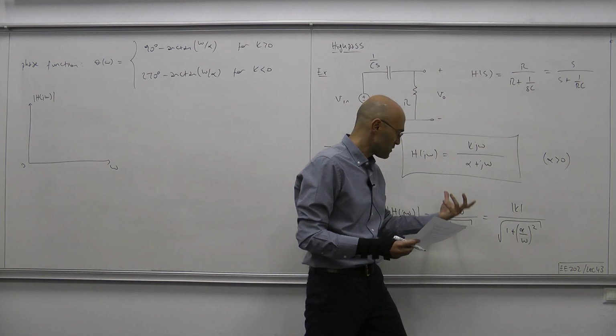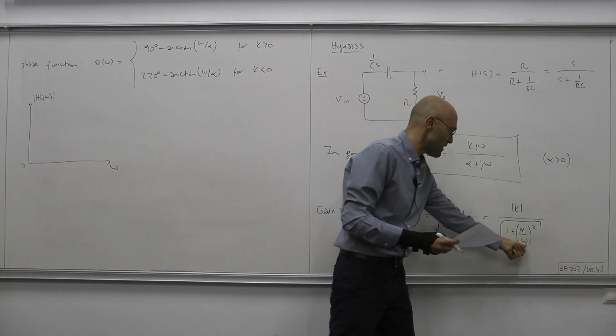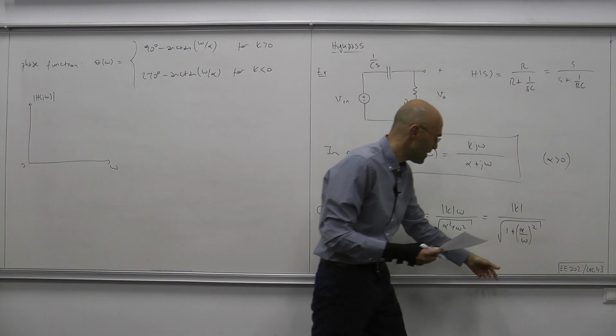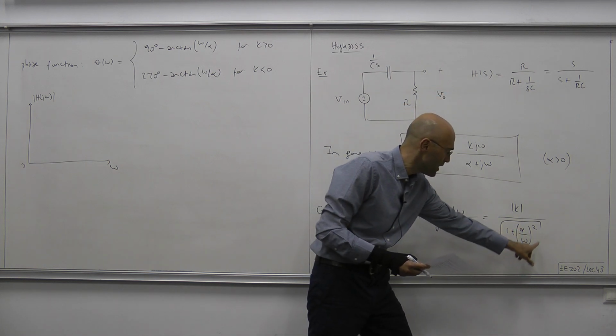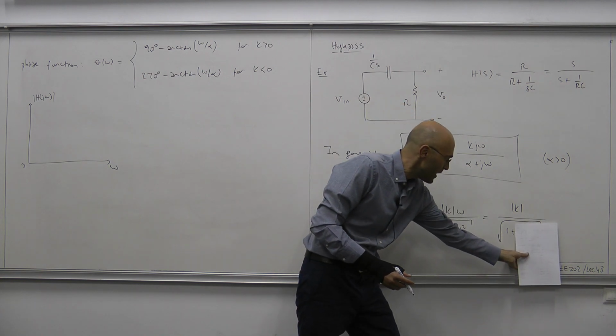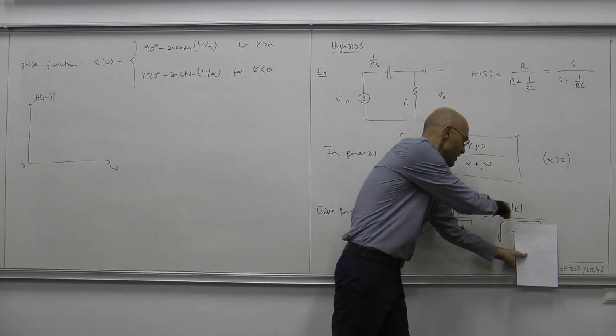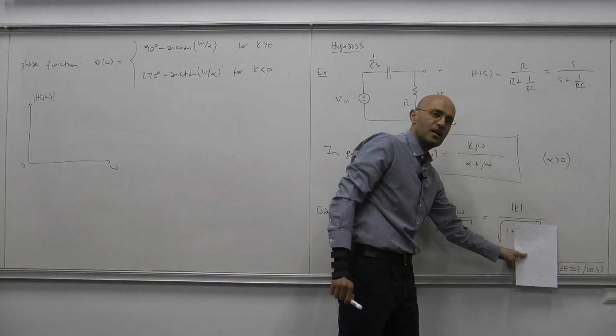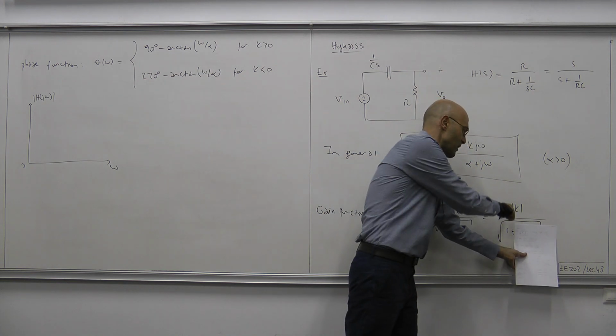Okay, and what happens as omega becomes larger and larger? As omega becomes larger and larger, this term becomes smaller and smaller, and for very large omega we can ignore it, and what remains is 1. So at very high frequencies the gain equals the magnitude of k.